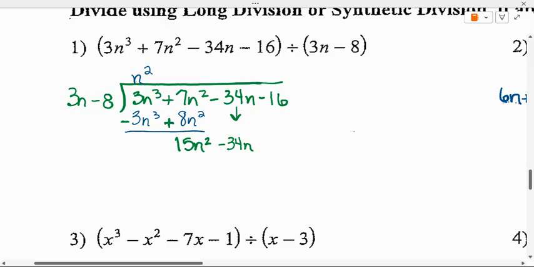Reese, what do I multiply 3n by to make it equal 15n squared? By 5n. Yes, sir. 5n times 3n is 15n squared. 5n times negative 8 is negative 40n. Did you flip the signs for 3n's?